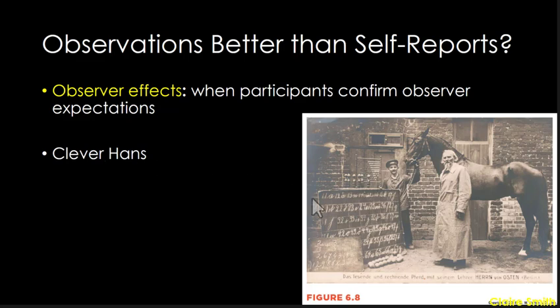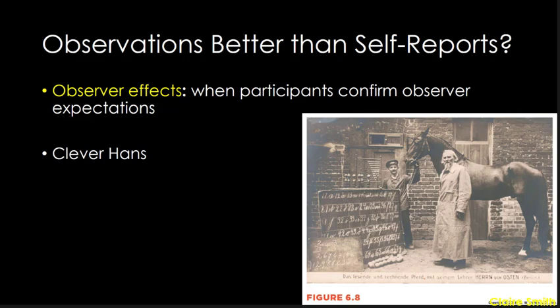There's an example of Clever Hans, which was actually a horse, not a human participant. He was a horse from a while ago who could add, subtract, multiply, and divide as well as a fifth grader. People would come ask him math questions, and he would stomp his hoof to count, and get these questions correct again and again and again.